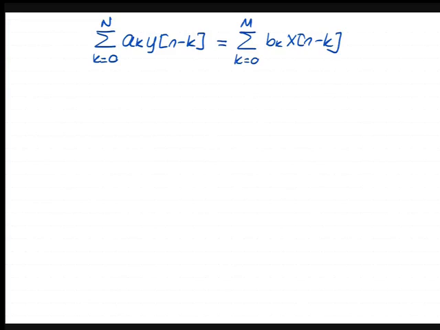Okay, so I want to find the frequency response of this system. Just like we observed in continuous time, frequency response, the way we defined it in the third lecture, is the same as the DTFT of the impulse response, right?